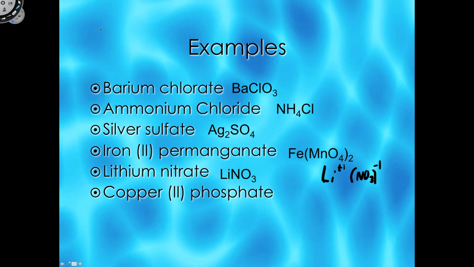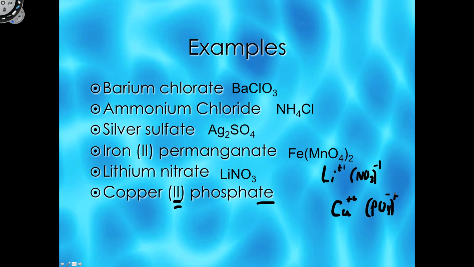And last but not least, copper 2 phosphate. Copper is Cu, and copper can be +1 or +2. Which one is it here? Well, we see a Roman numeral 2, that means it's +2. Phosphate ends in ATE. I know it's polyatomic. PO4, I put it in parentheses temporarily. I may need them, I may not. Charge is -3.